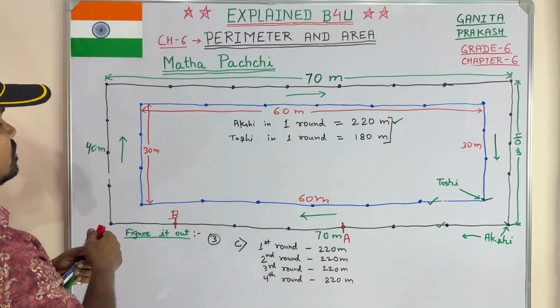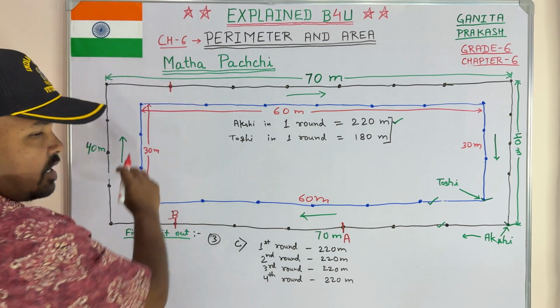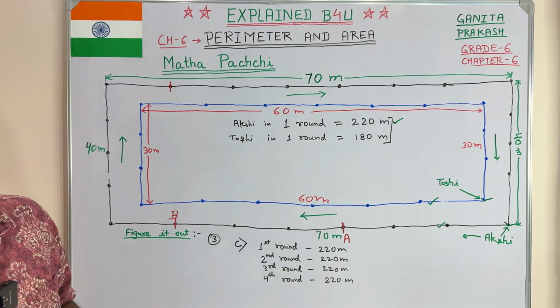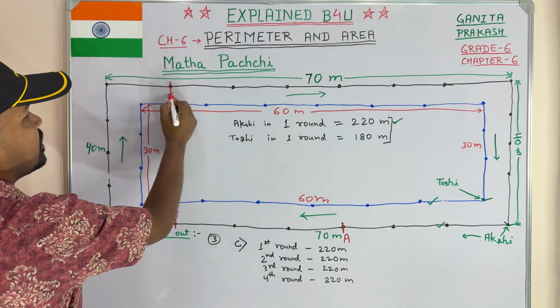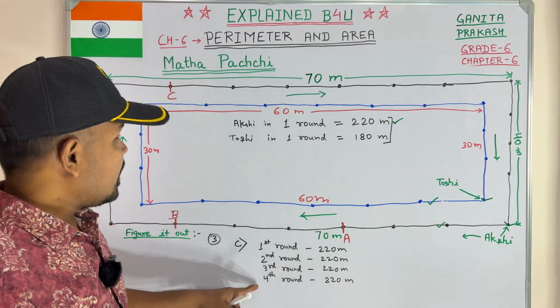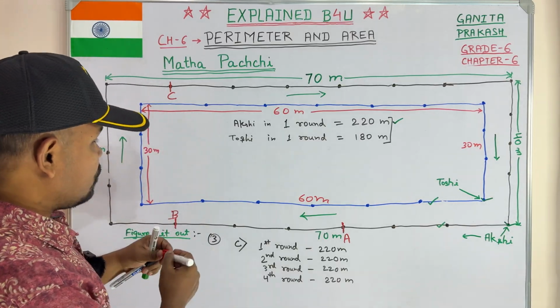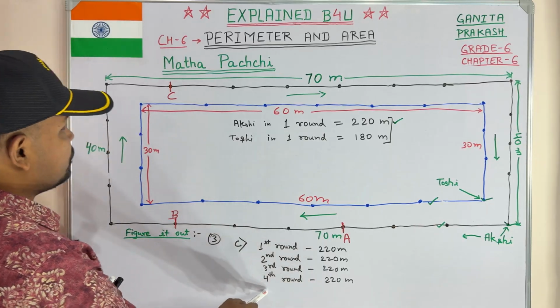So after 1000 meters Akshi will be here, this will be C point. After 1000 meters of running Akshi will be here. So how much have we added in the 5th round?